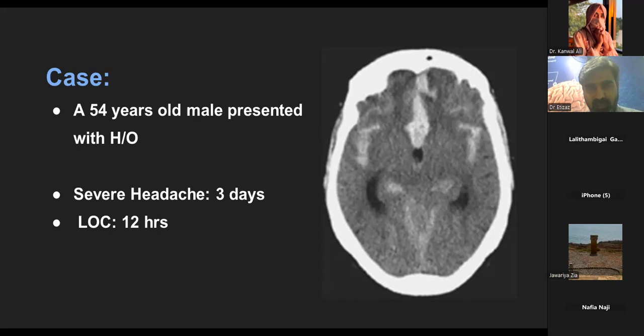On the CT brain, we see multiple hyperdense lesions, mainly at the anterior interhemispheric, also at the bilateral sylvian fissure and the posterior interhemispheric. Otherwise, the sulci and gyri are grossly effaced. There is also appearance of hydrocephalus in this. We can appreciate the dilated third ventricle and also presence of enlarged temporal horns.